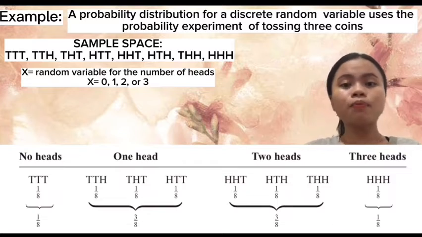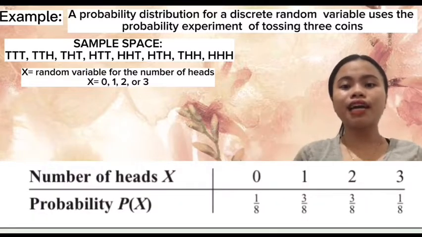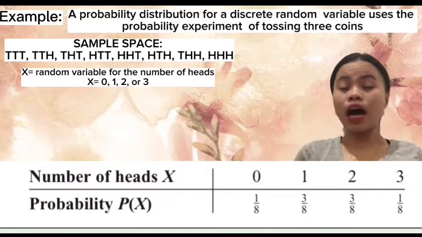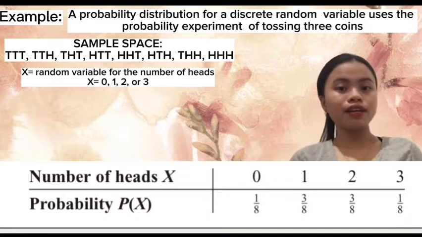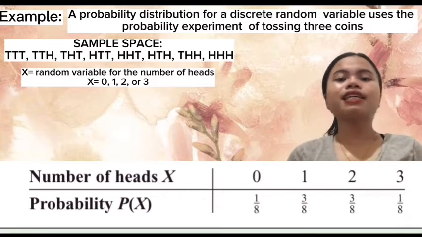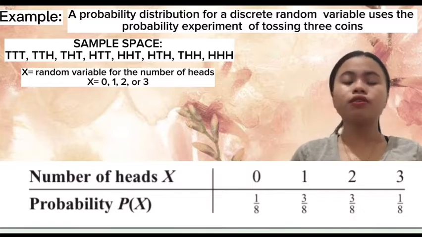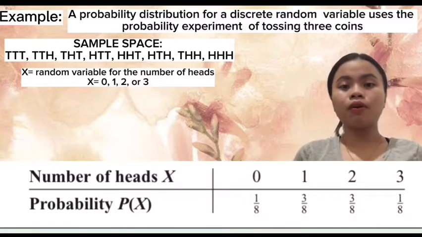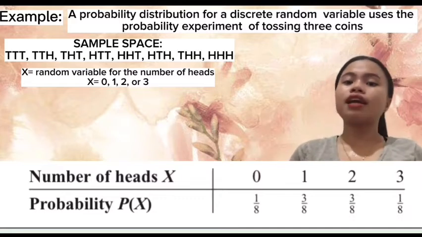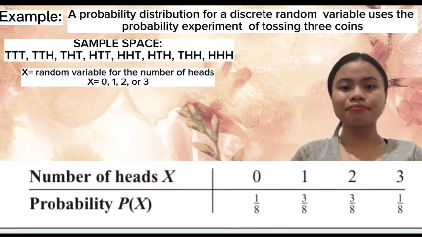For these values, a probability distribution can be constructed by listing the outcomes and assigning the probability of each outcome, as shown here. Since we represented X as the number of heads, the value of it is 0, 1, 2, and 3, and it was shown in a table the probability of getting heads in a sample space.